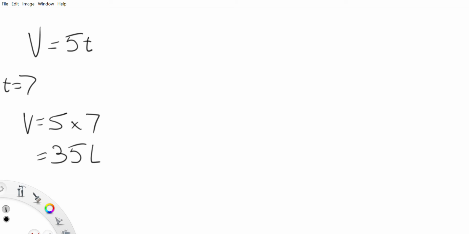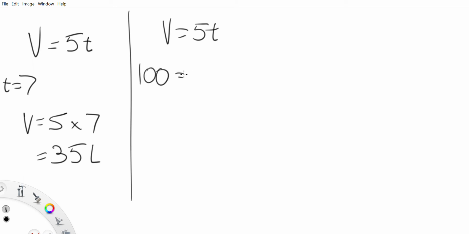So we know how many liters there would be after 7 minutes, as long as we've got a big enough bucket, of course. The other thing that they might want us to work out using our formula is how long it takes to fill up, let's say, 100 liters. So we would go 100 equals 5t.